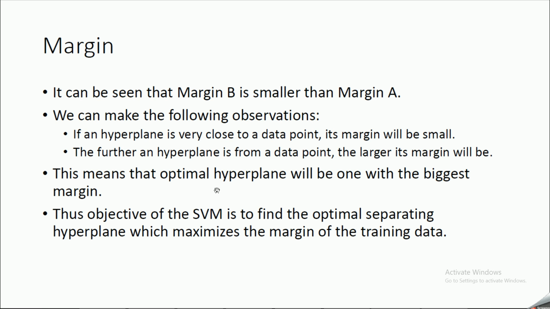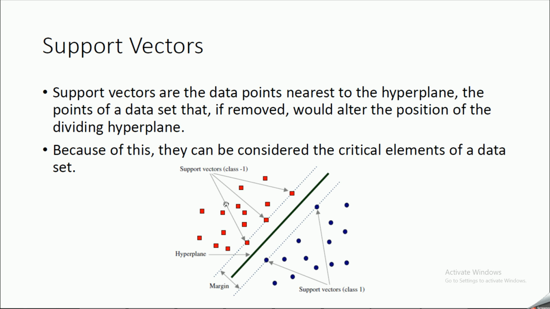This means the optimal hyperplane will be the one with the biggest margin. Thus, the objective of SVM is to find the optimal separating hyperplane. And how will you get the optimal separating hyperplane? When we can find the margin which is the maximum. Clear?